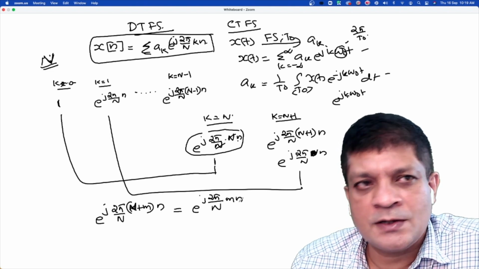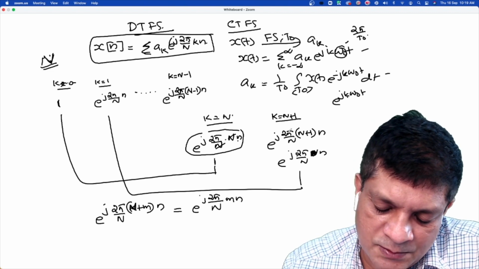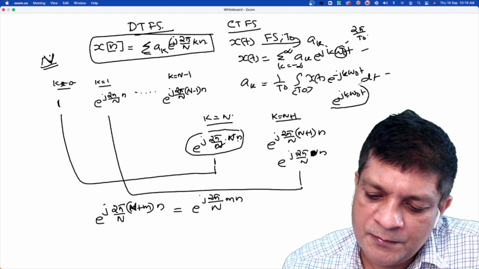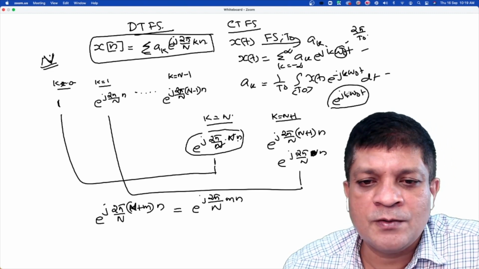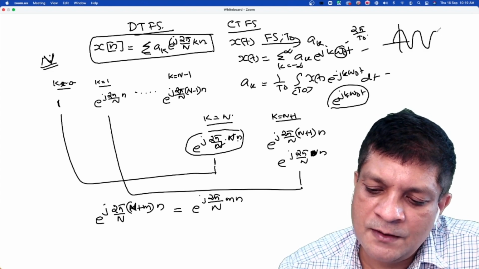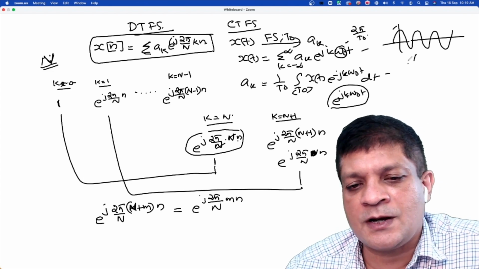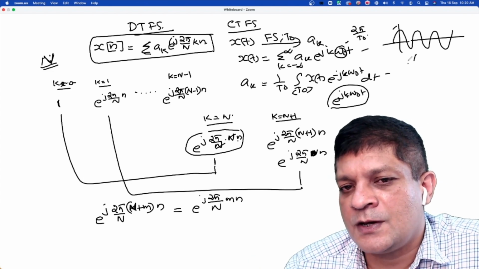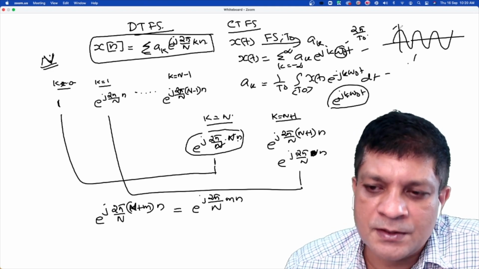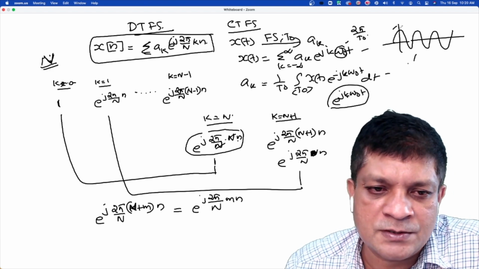Yes, sir. They're the same. So there is a periodicity there. But that is not the case for the continuous time complex exponential. If you take a different value of k, you will get a different signal. Like this is a cosine signal, and if you take the kth harmonic, you will get a cosine signal having a frequency k times the fundamental frequency of that signal. So they are distinct. But in the case of a discrete time signal, they are not distinct.